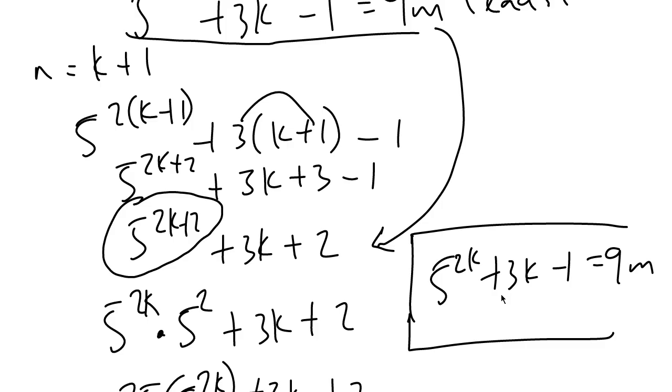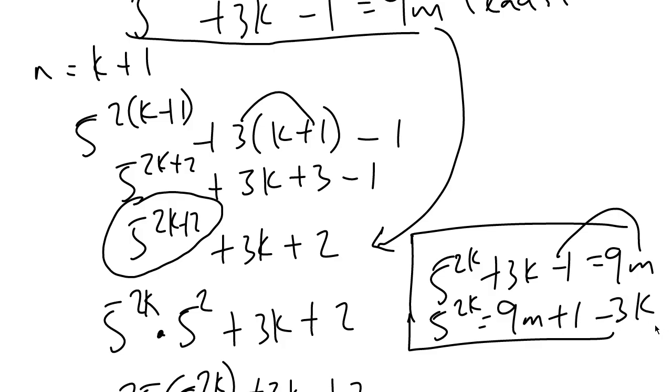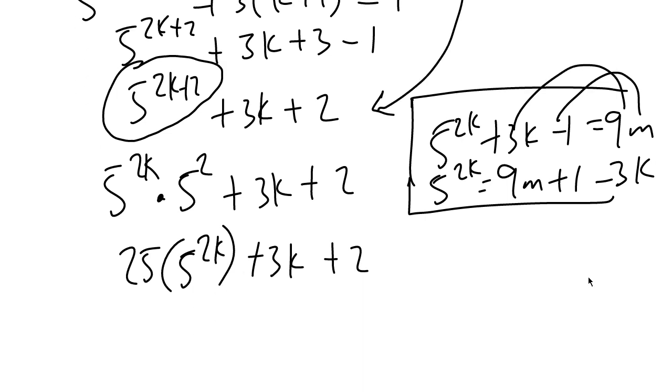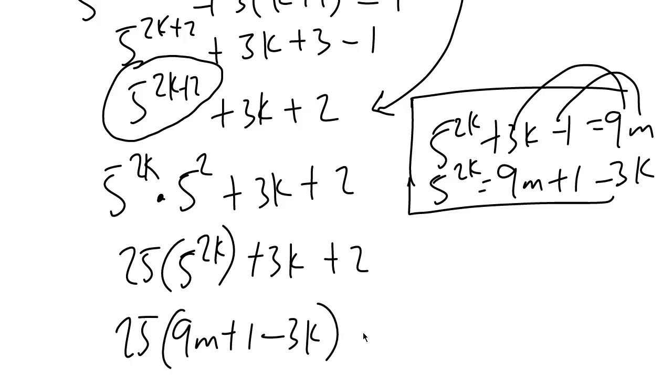And if you make 5 to the power 2k the subject, what happens? This crosses. That means that 5 to the power 2k will be what? 9m plus 1 minus 3k. Because the 3k crosses over to be negative. So anywhere you now have 5 to the power 2k, it will now be 25 into 9m plus 1 minus 3k, plus 3k plus 2.